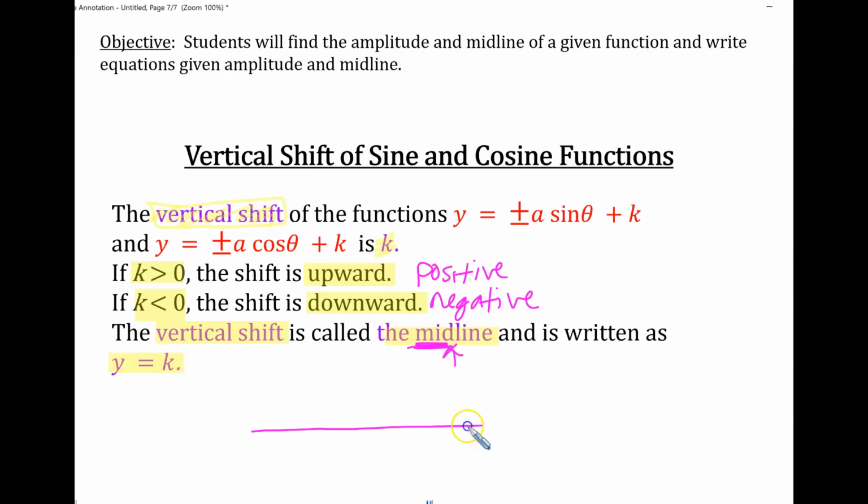So if you were to have your function for sine, you're going to be doing it like this. This tells you that the midline would be the middle. You're going the same distance up and the same distance down. So that line in the middle is called the midline, okay?